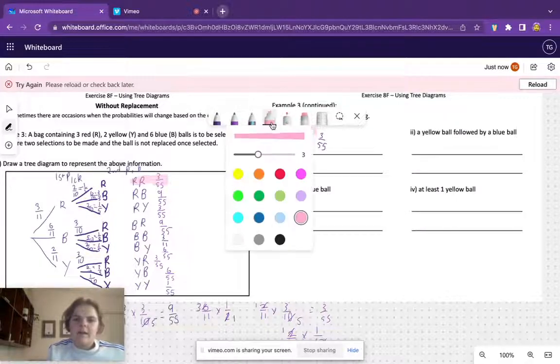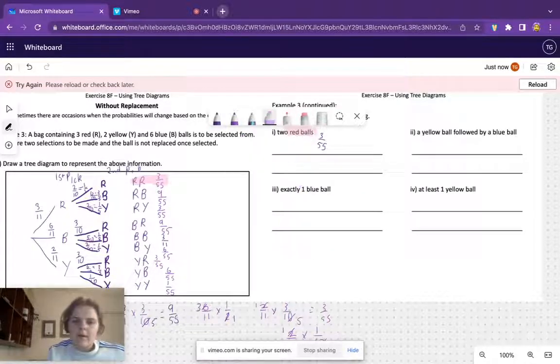Exactly one blue ball, what do we got for that one? We've got this option here. We've got blue, then red. We've got blue, then yellow. And we've got yellow, then blue. So for this one, we've got 9 out of 55, 9 out of 55, 6 out of 55, 6 out of 55. Nice, they're all on a common denominator, so that takes out some of the work.